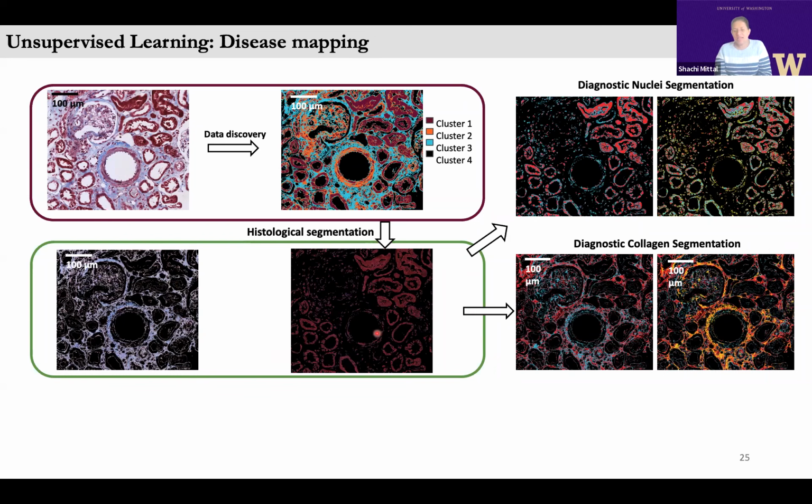And then we can take this further to epithelial segmentation and collagen segmentation, where we were able to pick up different signatures in these classes, which gave us confidence that building a supervised model downstream would be accurate for some of these classes that we wanted to build a model for.